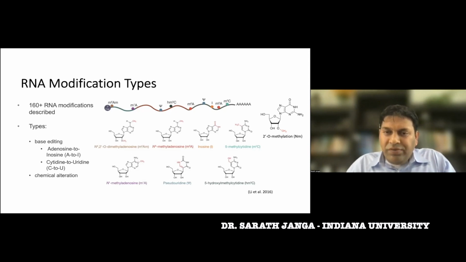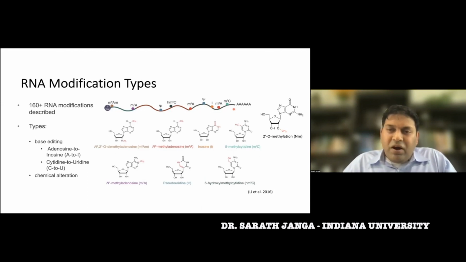Now, what is exciting to the field, at least from my point of view, is that RNA molecules can have one or more of these modifications occur in combination. So when you look at a single molecule of RNA, you could see that one or more modifications can occur along the length of the RNA molecule, and these could give different functional and phenotypic outcomes as the cell progresses.